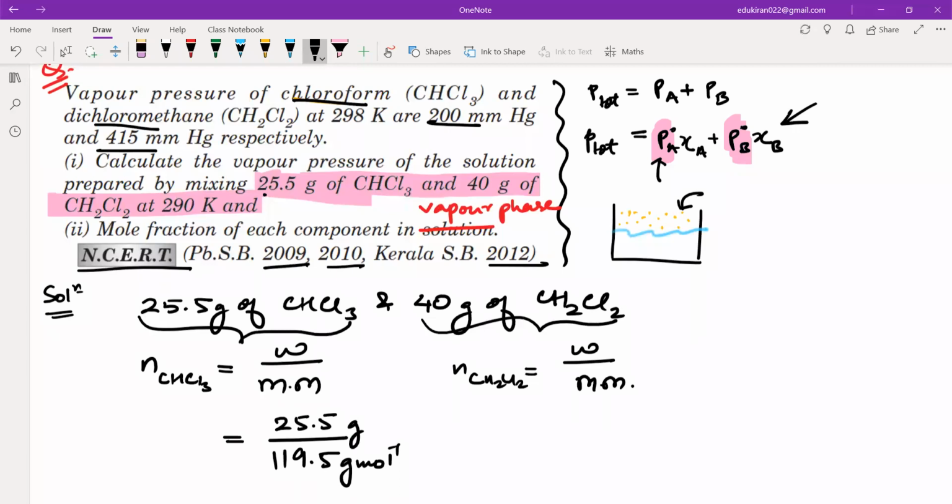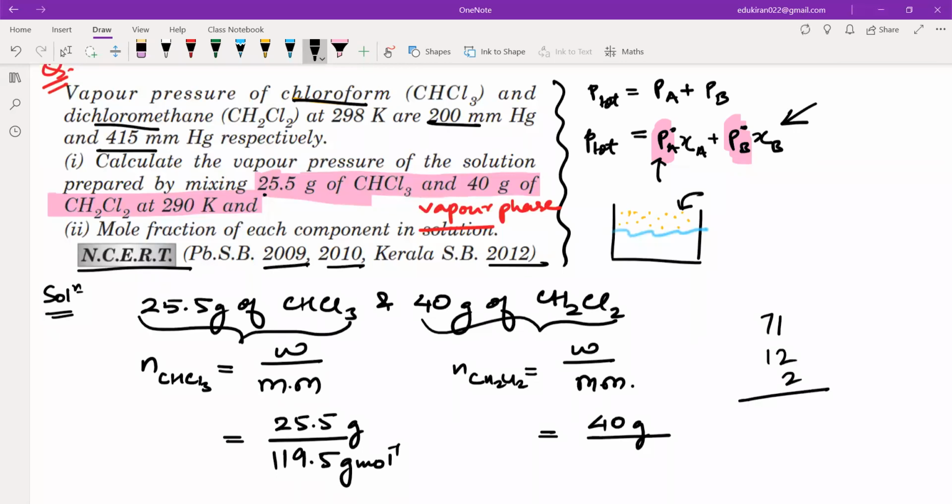Now CH2Cl2 is 40 grams. Chlorine 35.5 plus 35.5 is 71, and then you have carbon 12 and 2 from hydrogen here.